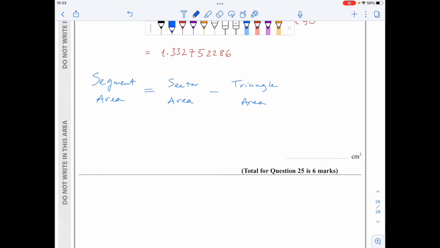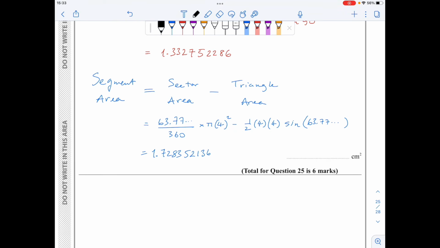Let's repeat now for the blue shape. This is equal to 63.77 and so on over 360 times pi times 4 squared minus 1 over 2 times 4 times 4 times sine of 63.77 and so on. This comes out to be 1.72835213.